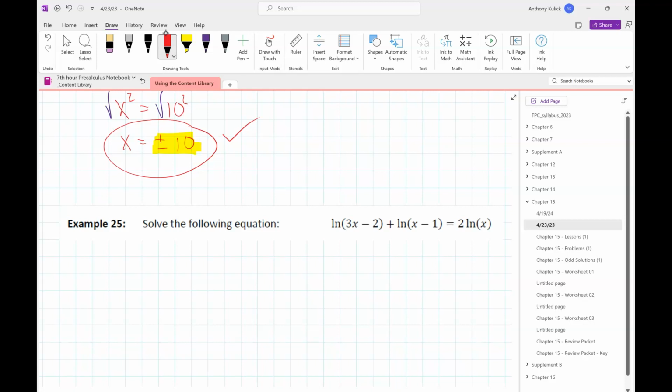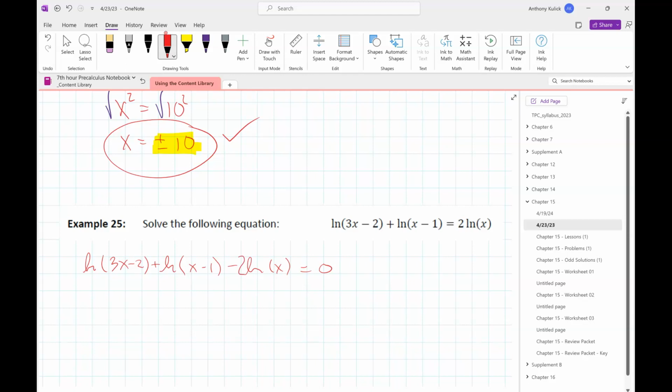That's the overall goal. First step on the way to doing that, though, is I'm going to get all the logs on one side. So to do that, I'm just going to subtract log of x to the other side.